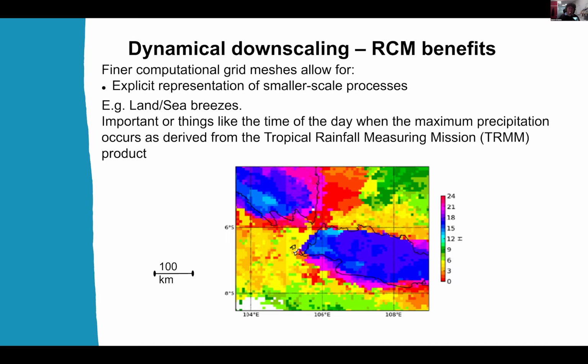That's associated with the generation of land sea breezes, which produces this diurnal cycle in the rainfall in the area. Now, the gap between the islands here is on the order of a couple of tens of kilometers. So you're not resolving any of that in models that are 100-kilometer or 200-kilometer resolutions. We need to be down in the tens of kilometer resolutions even to capture these sorts of processes in our models.